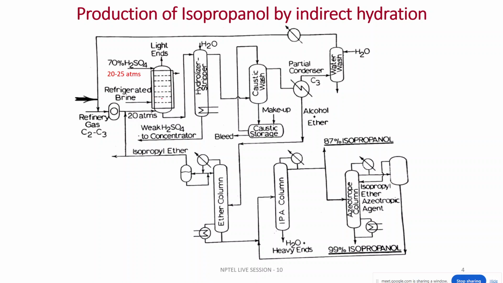In this absorber, refrigerated brine solution passes through to maintain the temperature, because the first step we have discussed, the sulfation process, is very exothermic in nature. So we have to maintain the temperature in this absorber, and we need to recirculate the refrigerated brine solution.